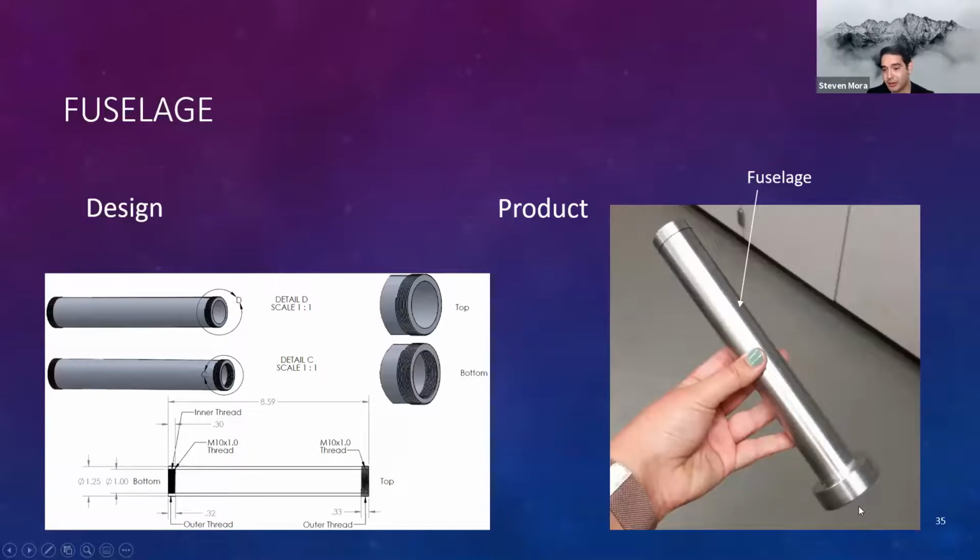On the other end, we have a bulkhead, which you can consider just a cap, that allows everything to be secure on that end. So the purpose of the fuselage, once more, is to provide a sound structure for the nozzle and the bulkhead.